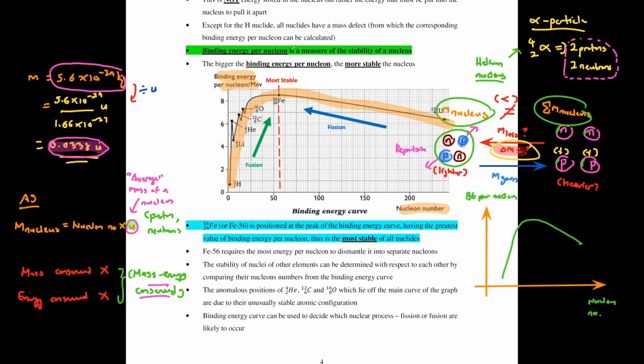Now from there, there's one particular point that you will always be interested in: the peak of that curve, which is right over here. At this point, because you have the highest BE per nucleon, this is actually the most stable element, the most stable nucleus.